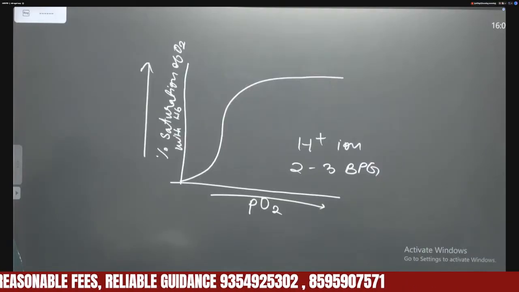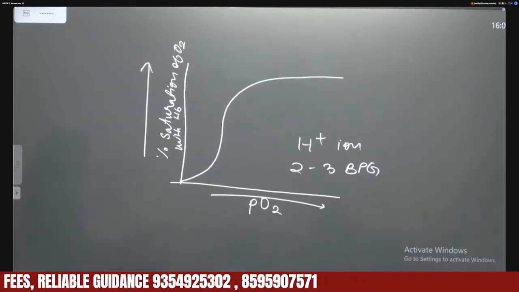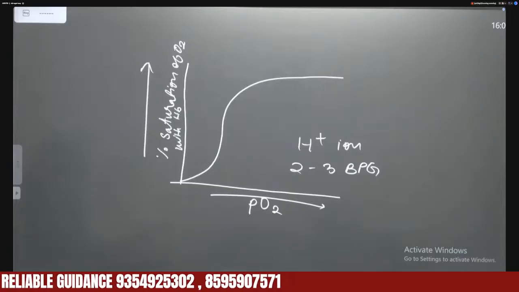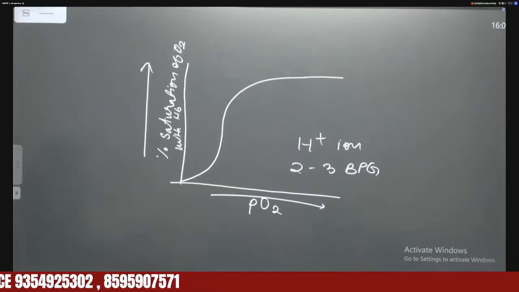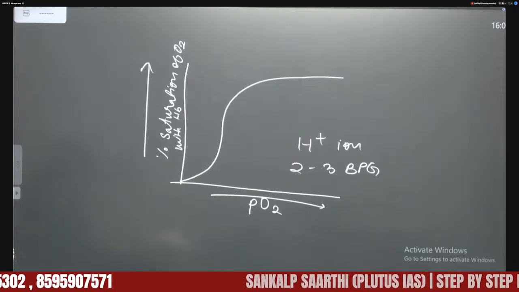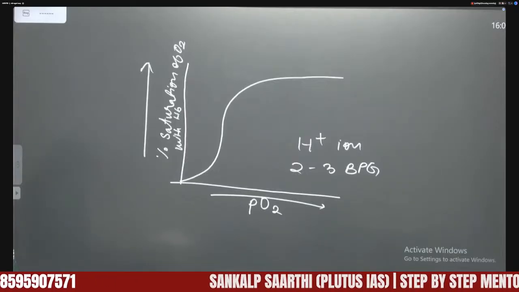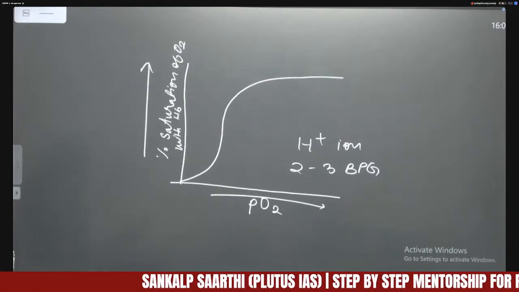Next point. The quaternary structure of the hemoglobin also determines its affinity for oxygen.